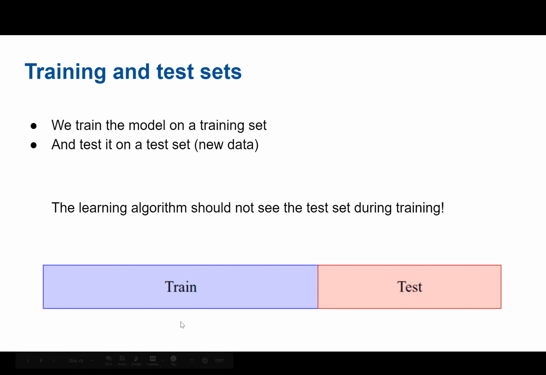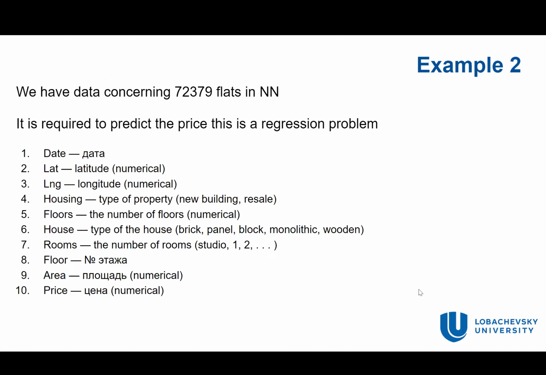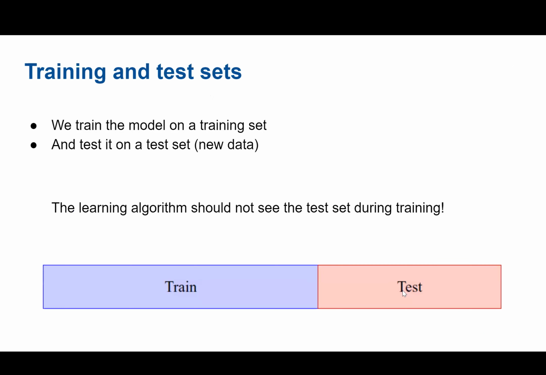So, for example, 60% of all your data should be considered as a training set, and the rest should be considered as a test set. Okay. Any question here? No question.